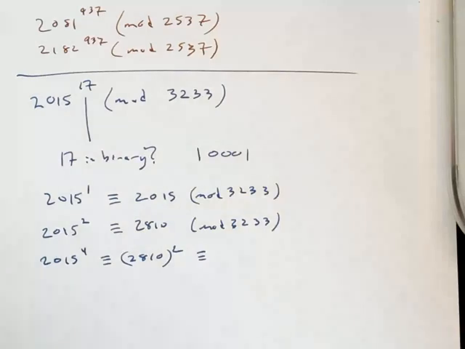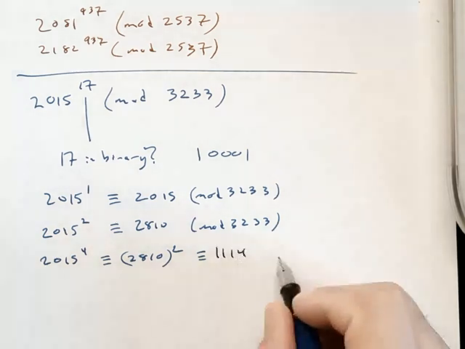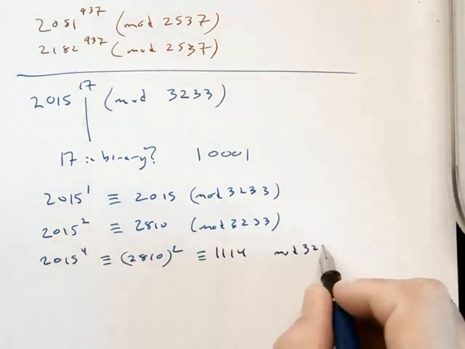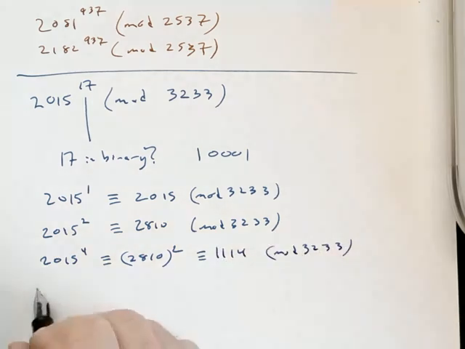What do you get? 2015 to the eighth is 1114 squared.